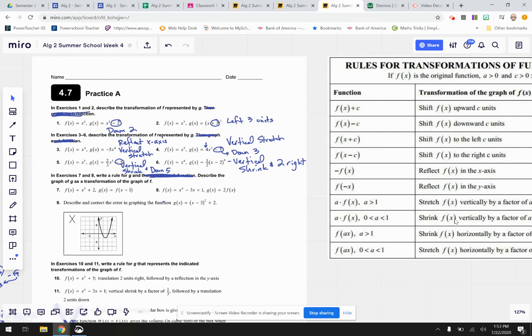So you would put g of x, and you'd have parentheses x minus 1 and cubed. So instead of just x cubed, it's x minus 1 cubed plus 2. So that's just a shift 1 right.